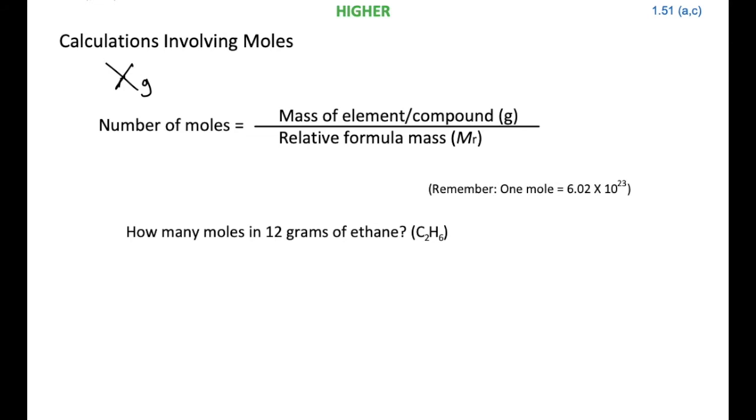So if we look at an example here, we're asked how many moles in 12 grams of ethane. So we're given the formula for ethane. If we work out its relative formula mass, we have 2 carbons and we have 6 hydrogens.